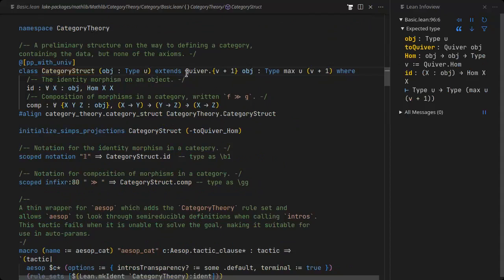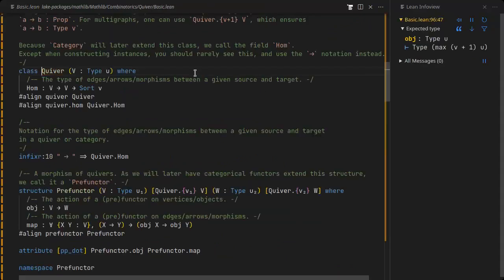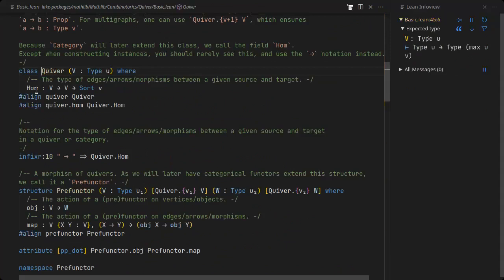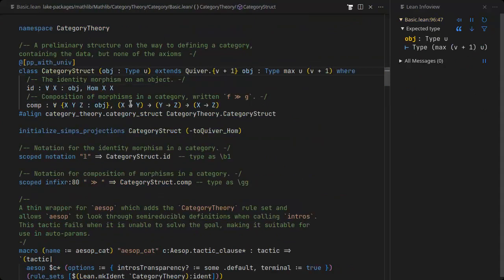But you can see that it depends on a type of objects, and it generalizes the notion of a quiver, and the quiver is the thing that provides the type family of morphisms which go into the sort V. So you have one parameter U for the objects and one parameter V for the morphisms.